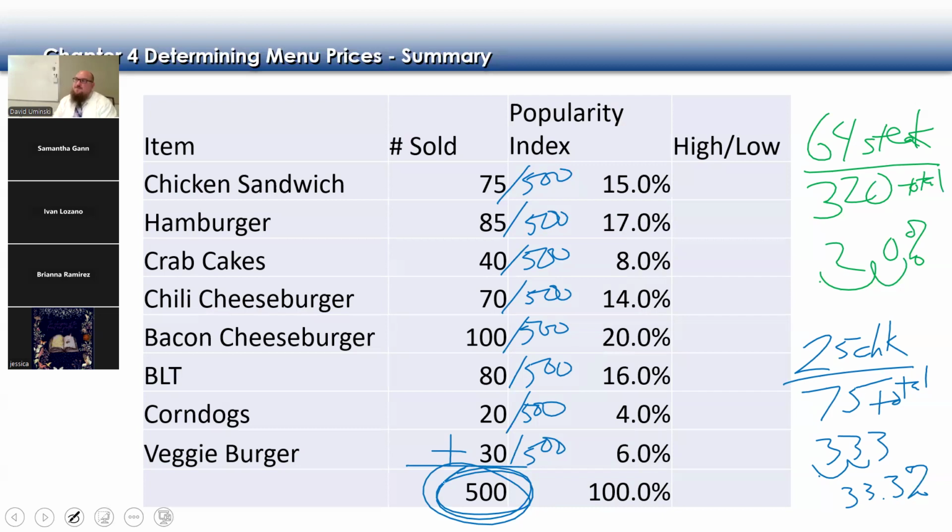I do have the first 4 given to you already. You can check your work up on the screen for the last 4.